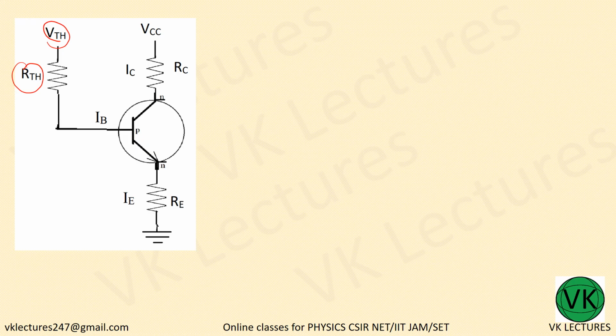So this is VTH, RTH, and through the base. This is base, collector and emitter. Now this is similar to that of an emitter bias.